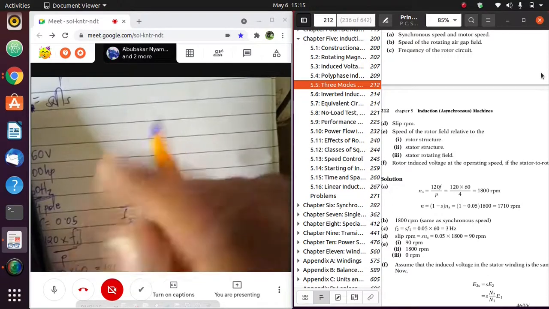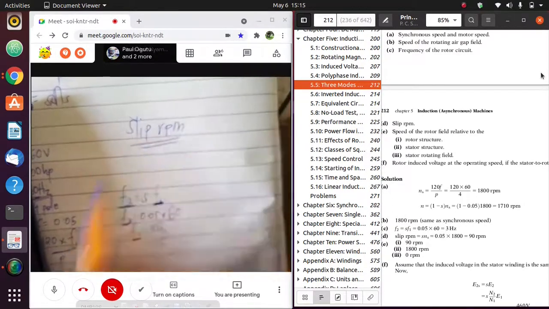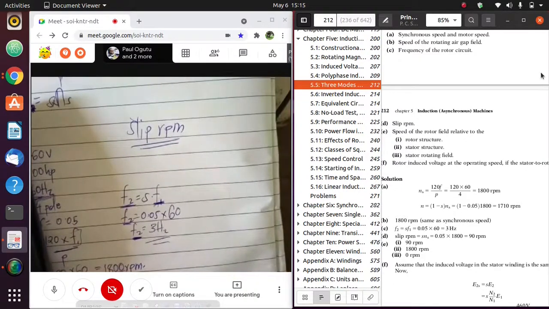What will be the slip RPM? This is another part of the question. Remember, when you are sitting on the rotor, it will be left behind.